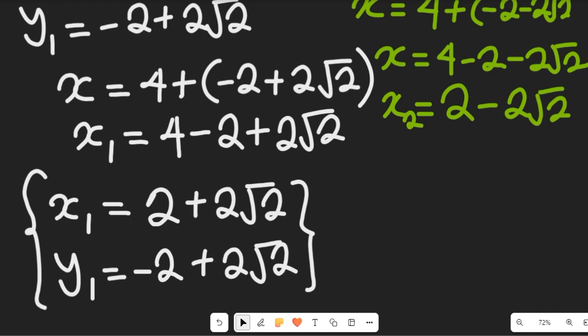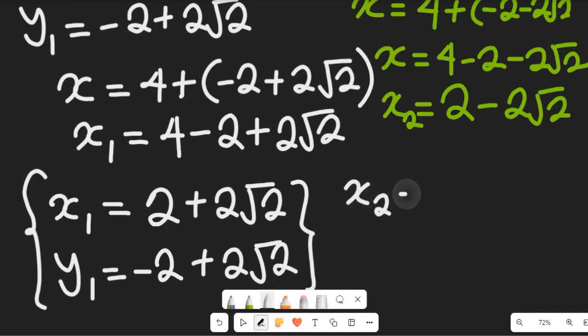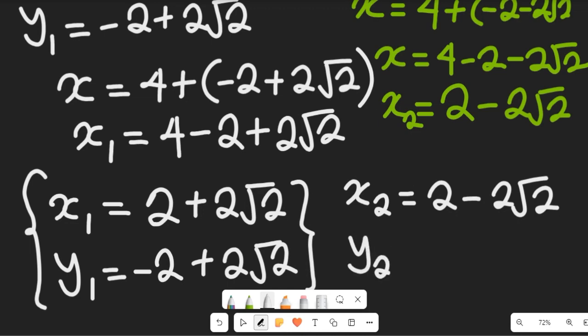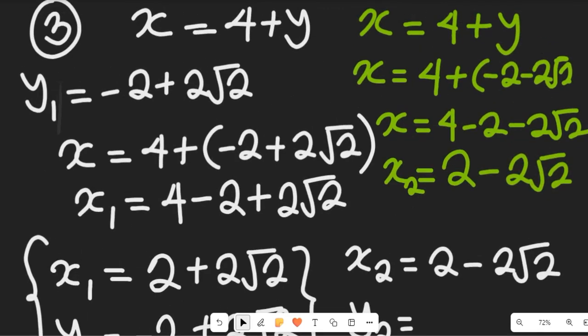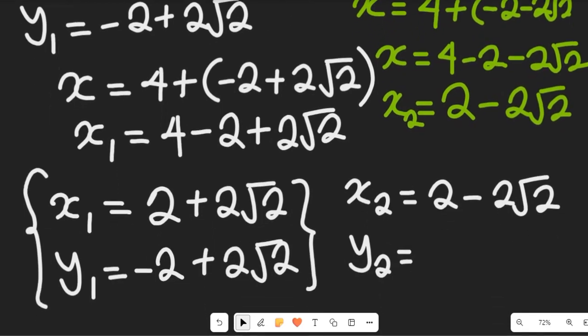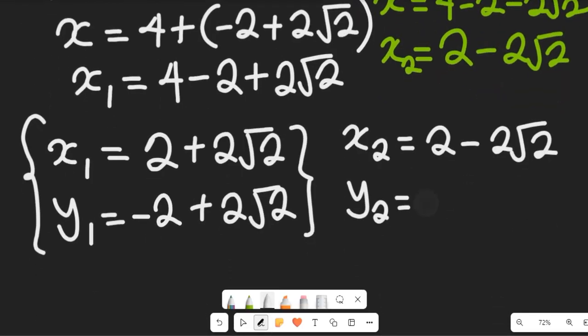So when our x2 is equal to 2 minus 2 root 2, our y2 was minus 2 minus 2 root 2.